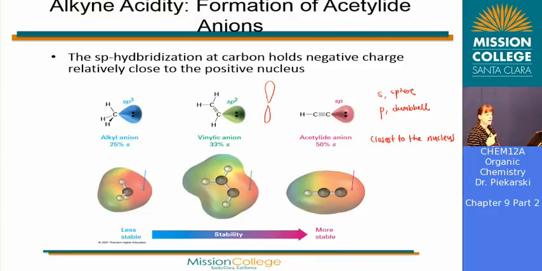So those electrons will want to be there because they'll be closer to the nucleus. Whereas for an alkyl anion, for sp3, it's only 25% s. So it's mostly p character, and that means those electrons are not as close to the nucleus as they like to be. And so therefore you can see that this one has to be more stable.